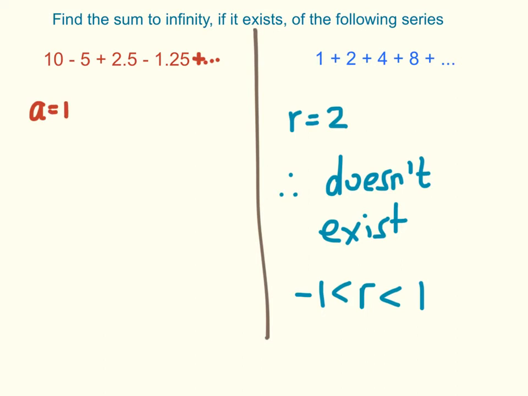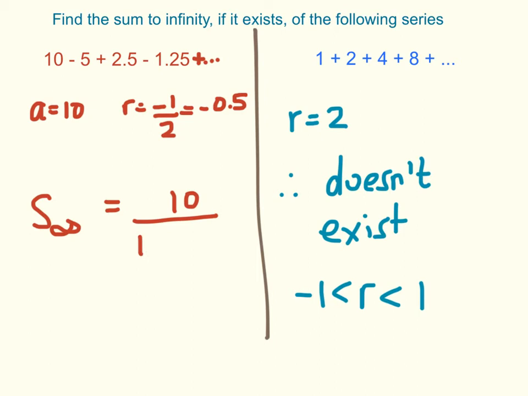Now in the one on the left-hand side, obviously it is going to exist, because I want to do one example with you. Here a is equal to 10, the first term, and r is -1/2, because I'm halving each number and the signs are alternating. Because r does lie between -1 and 1, I can use the sum to infinity formula.